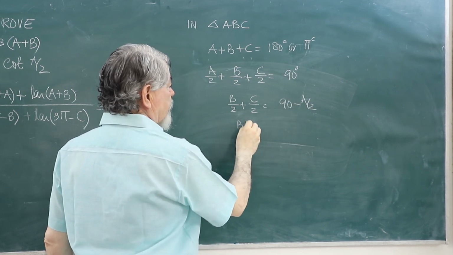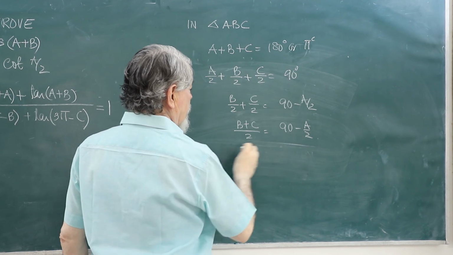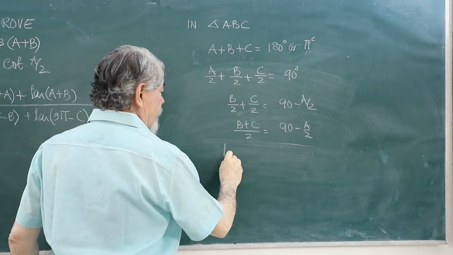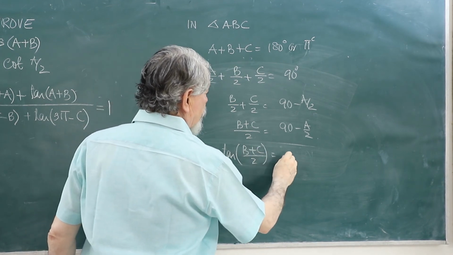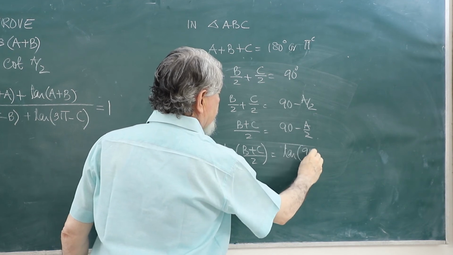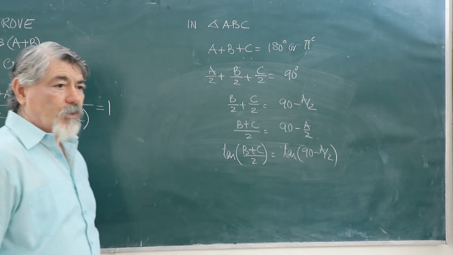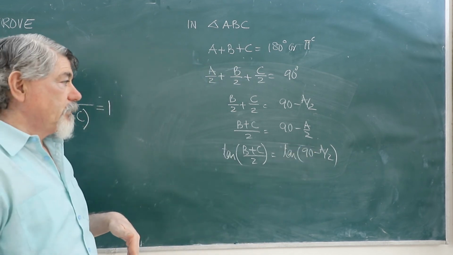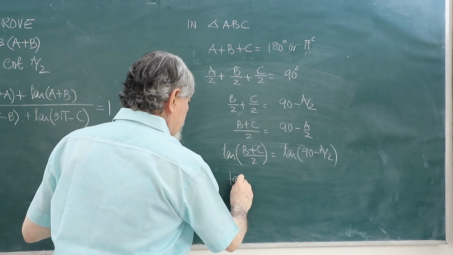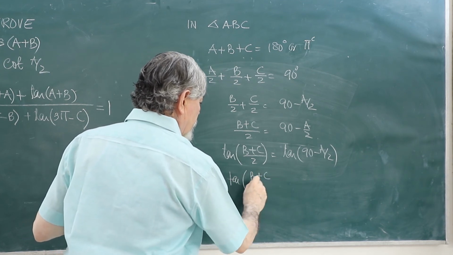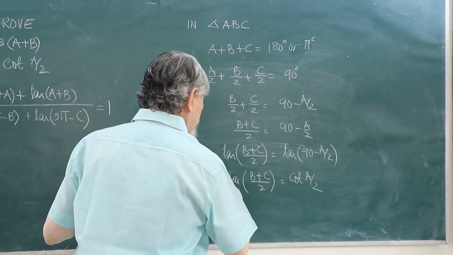So (B plus C) upon 2 is equal to 90 minus A upon 2. We want to find tan. So tan of (B plus C) upon 2 will be equal to tan (90 minus A upon 2). Obviously tan (90 minus theta) will change into cot theta, and it is in the first quadrant, and in the first quadrant all values are positive. So tan (B plus C) by 2 will become cot A upon 2. That is what we had to prove for this.